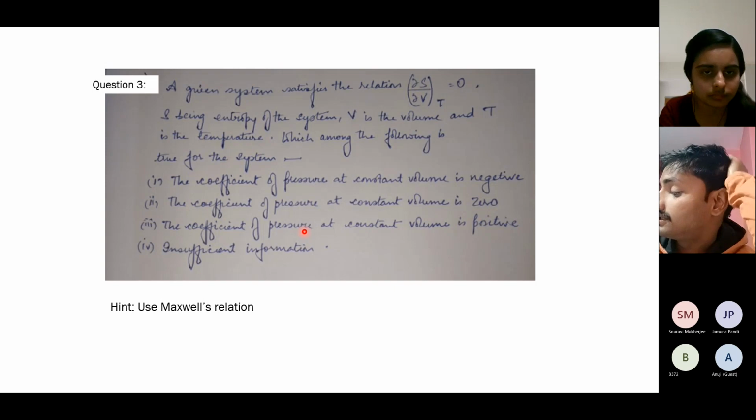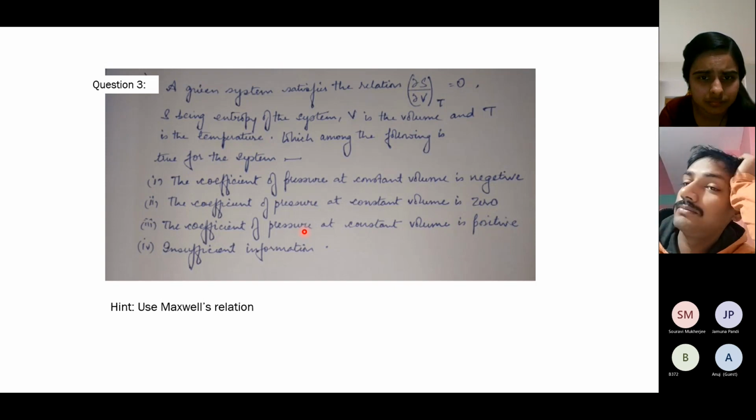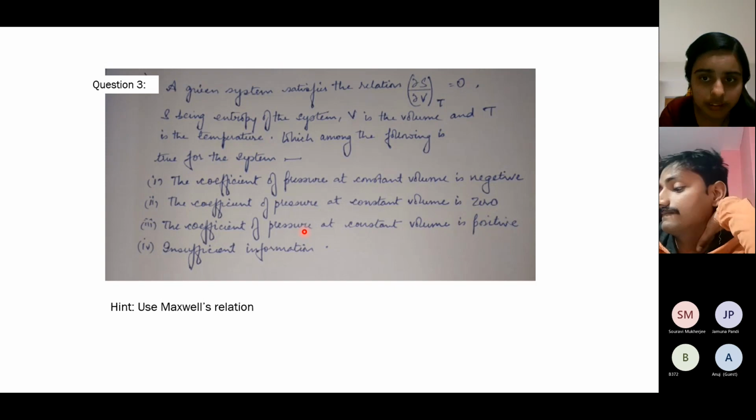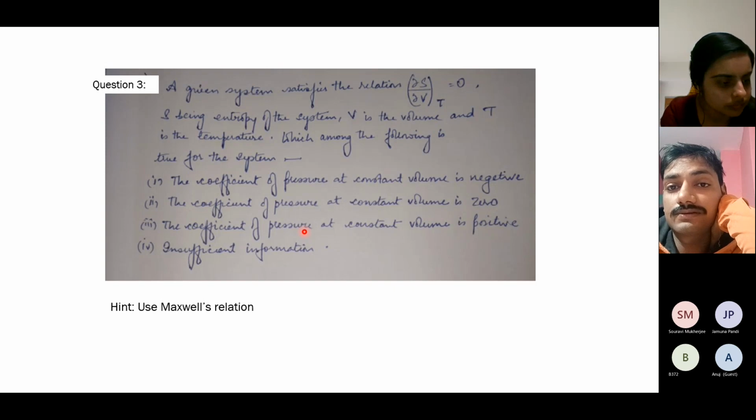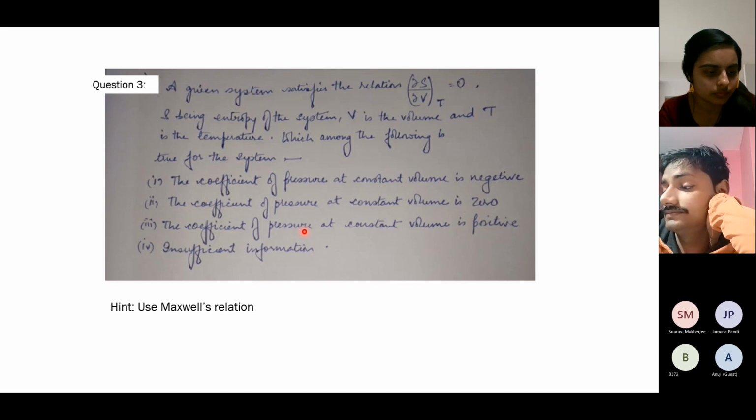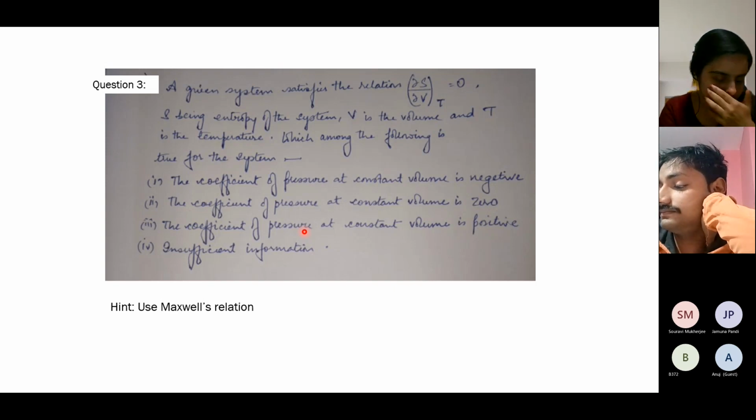The relation is del S upon del V equal to del P upon del T at constant V. Correct. And so what should be the answer? It's pretty direct.